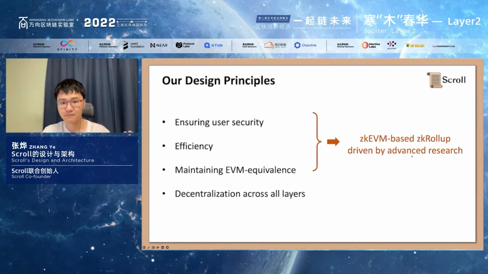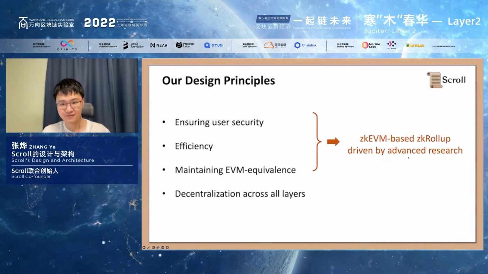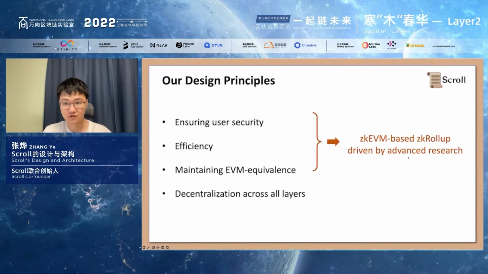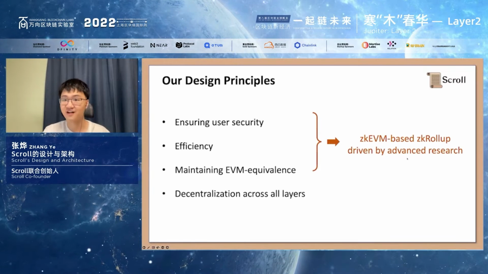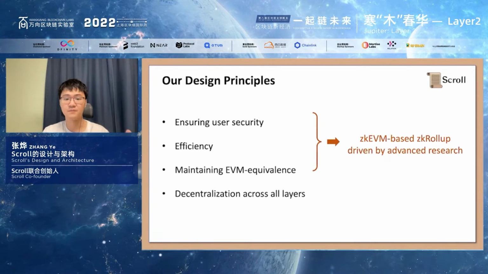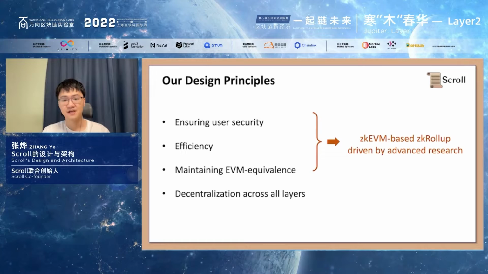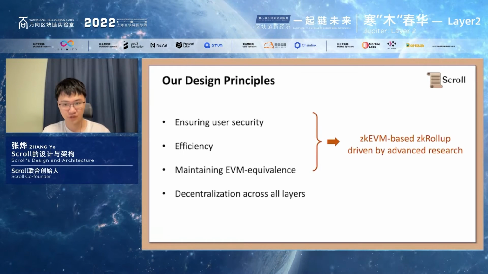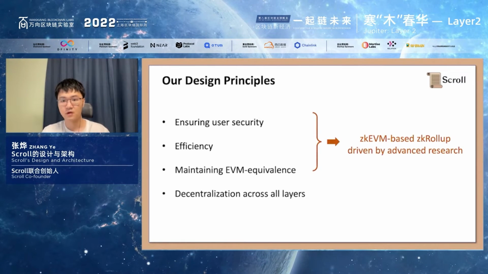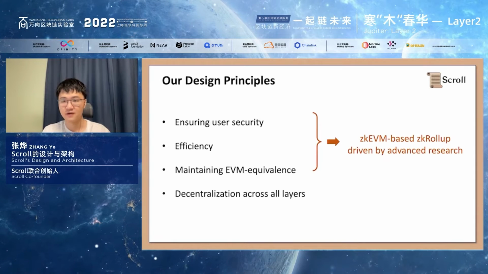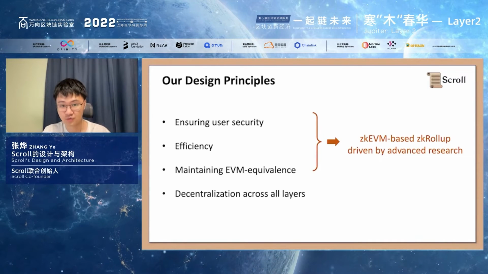To make zk EVM practical, we leverage the innovative research-driven solutions from the entire community. Our zk EVM design integrates the recent breakthroughs in proof system, proof aggregation, and even zk hardware acceleration.